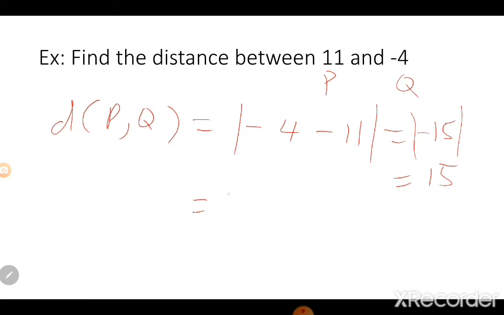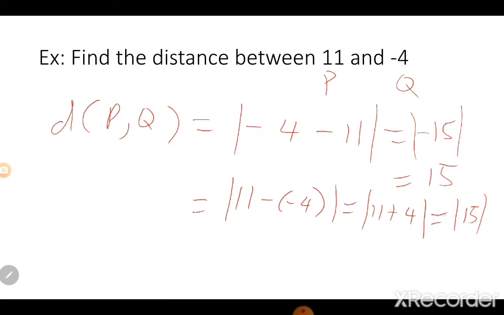Even if we did it the other way, if we put the 11 first, then we'll have minus 4, and then we'll have 11 plus 4. And that gives us the absolute value of 15, which is 15. Okay, so let's say we wanted another example.